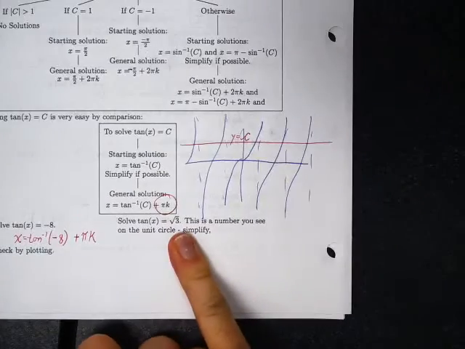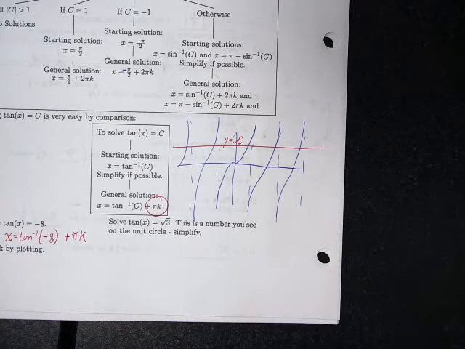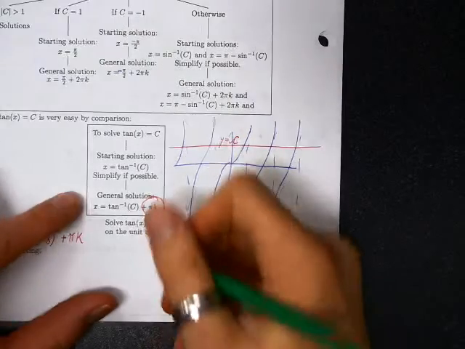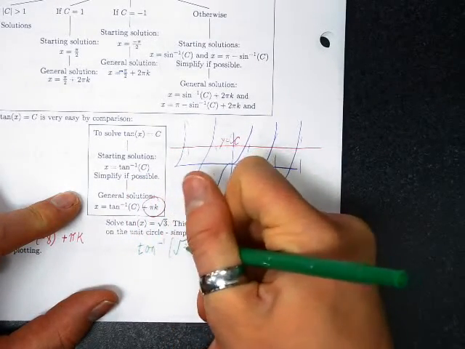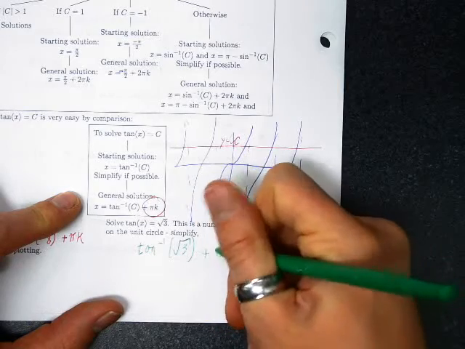Let's do this next one. Let's solve tangent of x is equal to the square root of 3. So first things first, we need a starting solution. What is the starting solution to use according to this flowchart? Inverse tangent of root 3, plus pi k.